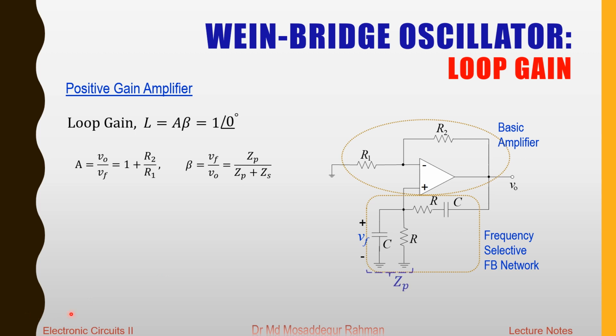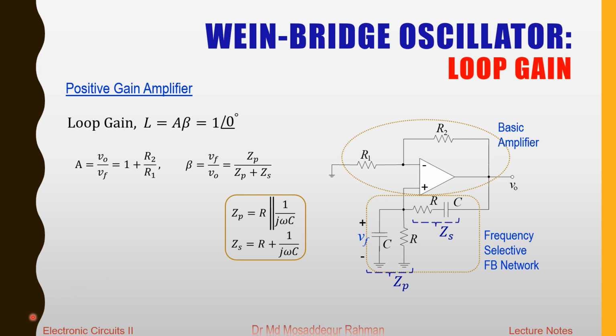So we can denote the parallel combination as Zp, the impedance of these two in parallel, and the impedance of the series combination as Zs. Then we can apply the voltage division rule: Vf by V naught is Zp divided by Zp plus Zs. So that is our feedback factor for the frequency selective feedback network.